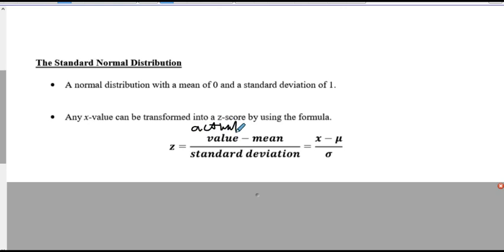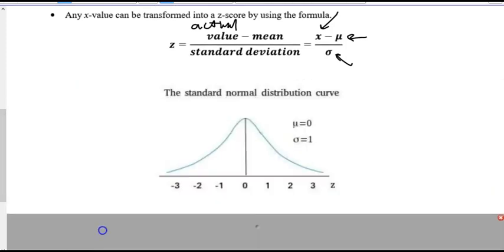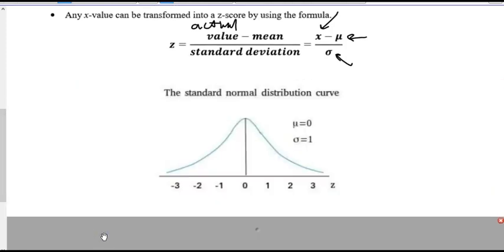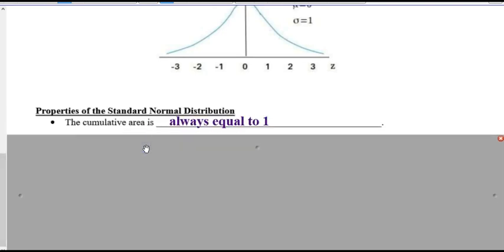That's what I use in my class. Actual minus the mean divided by the standard deviation. So whatever score you have, minus the mean, divided by the standard deviation. We'll talk more about that when we get into the charts.